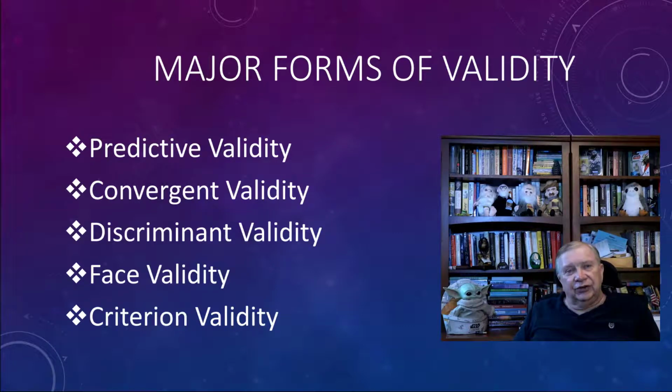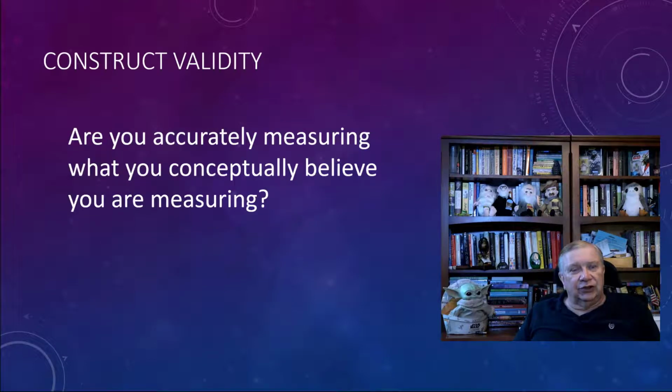Now, all of these forms of validity are subsumed by the most important kind of validity, which is construct validity. And construct validity is simply the notion of, are we accurately measuring what we conceptually believe we are measuring?